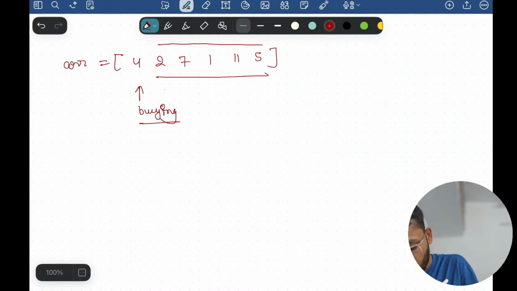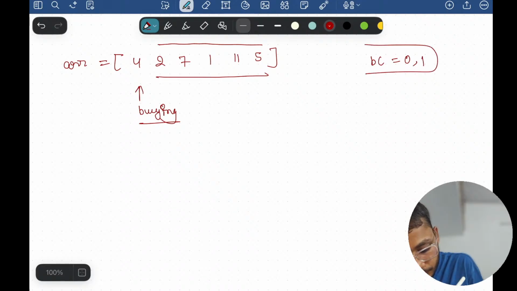Now you can sell it at any particular time and tell me the maximum. So why don't we say buy count equals 0 or 1? I mean buy count will be 2, if there are 2 buy counts.